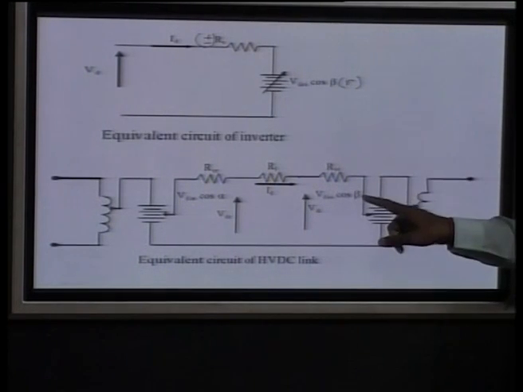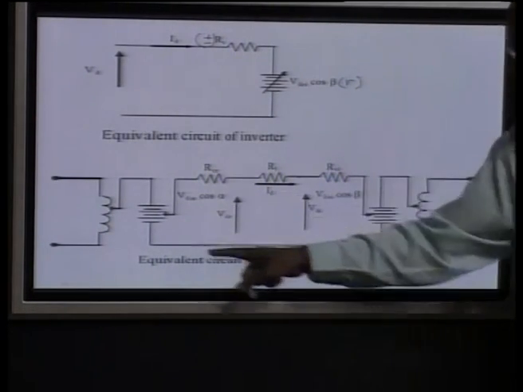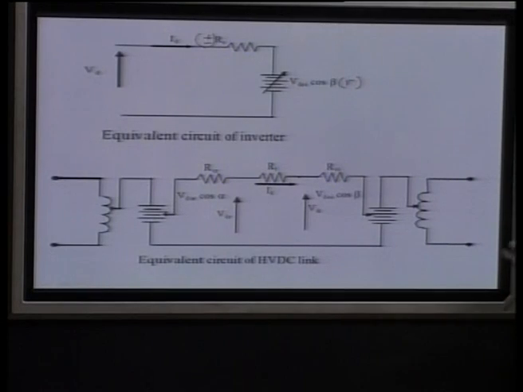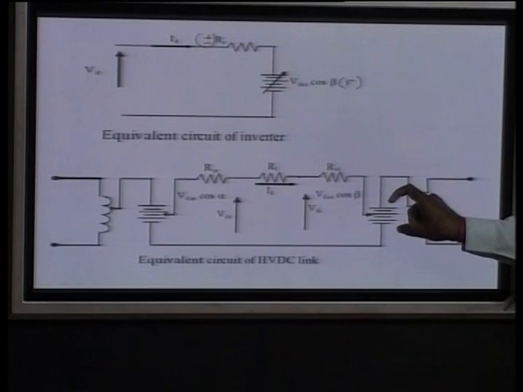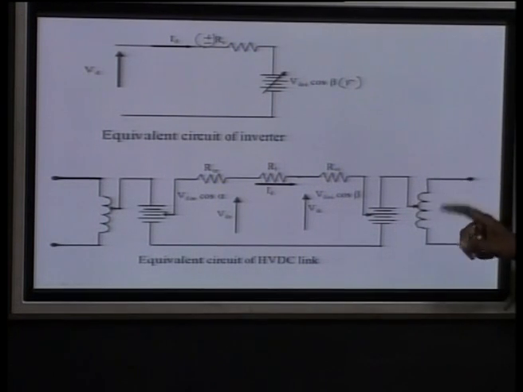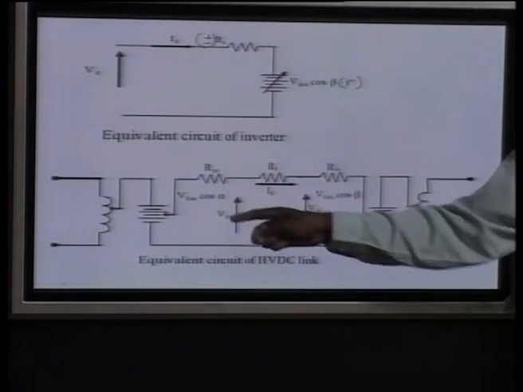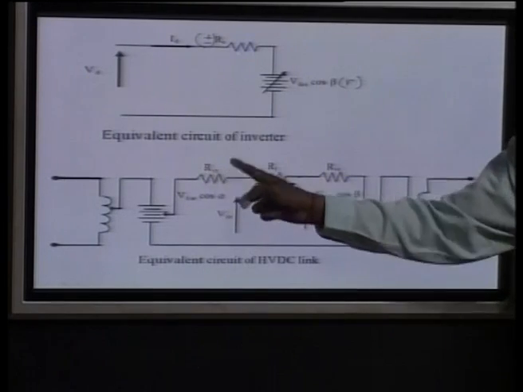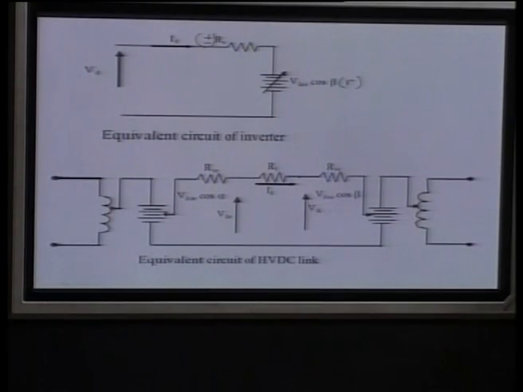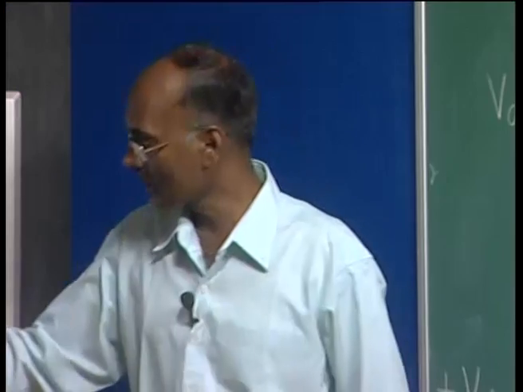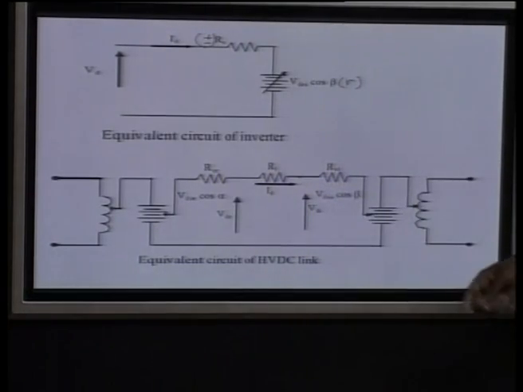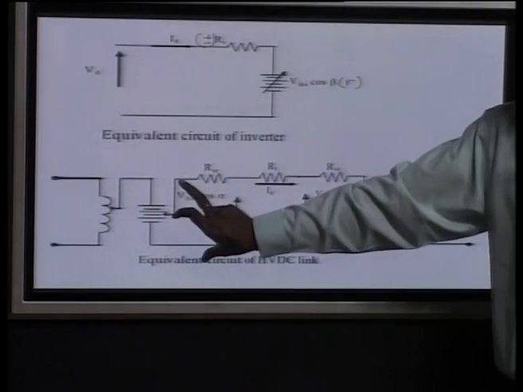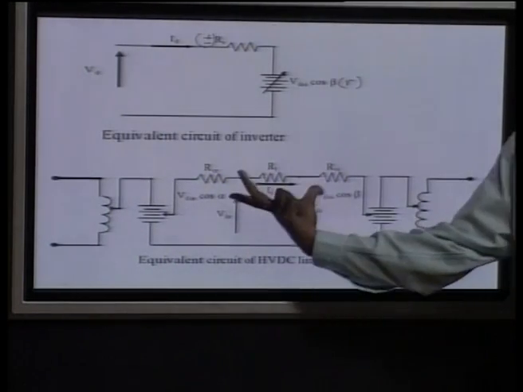So, in terms of beta, you can say this is your equivalent model of the HVDC link in terms of the variable voltages that are controlled by the firing angle of the thyristors or GTOs, beta and alpha, and these are the parameters. Normally, it is based on your converter design. This is the resistance of your line. So, the DC current here we can write as this voltage minus this voltage divided by this resistance.